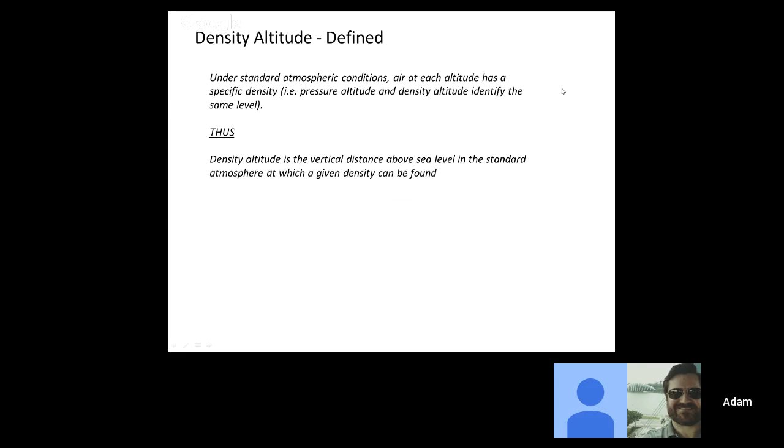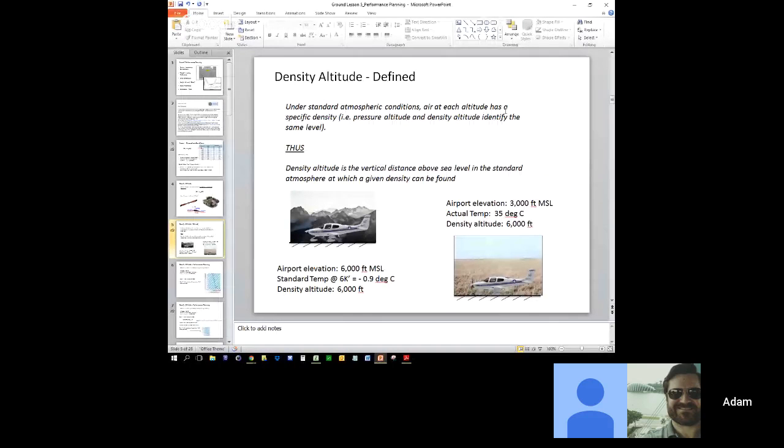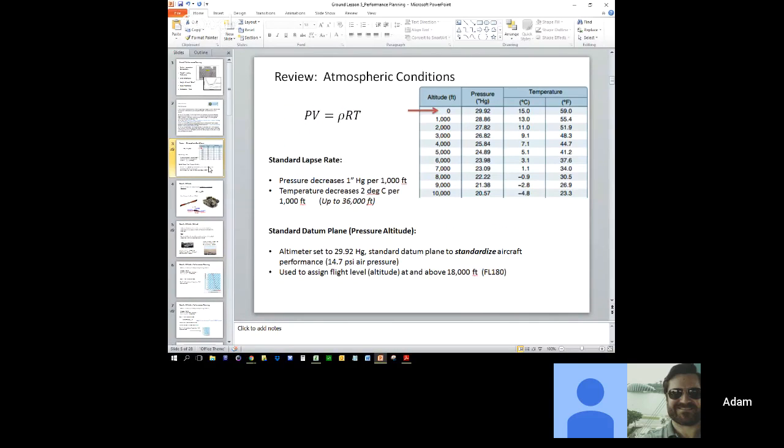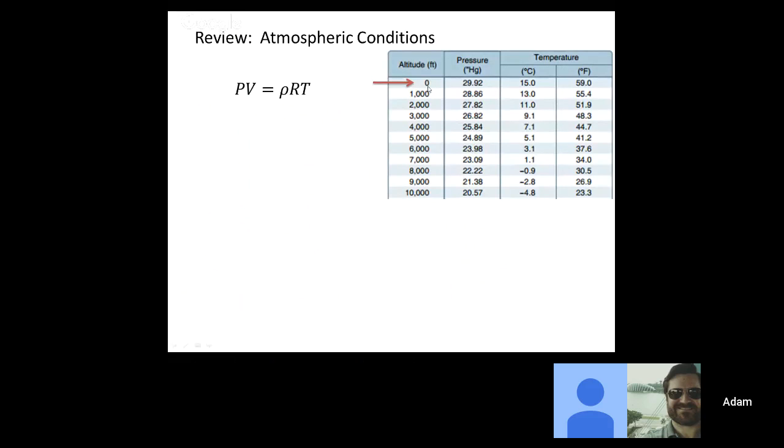Okay, so what I'm going to do, I want to skip over here really quick. Let's look at this chart one more time. Again, important to note that in a standard atmosphere, where your sea level pressure is 29.92 and your sea level temperature is 15 degrees Celsius, if there's an assumed standard atmosphere throughout the whole altitude envelope, then each altitude can be defined as pressure altitude.